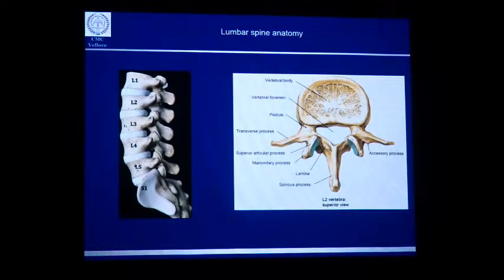Lumbar vertebral bodies are larger compared to cervical and thoracic. They have larger pedicles, oriented medially, and you look at the facet joints. This is the superior articular facet. You see that it is more obliquely placed compared to the thoracic spine, where it is more anteroposteriorly oriented.